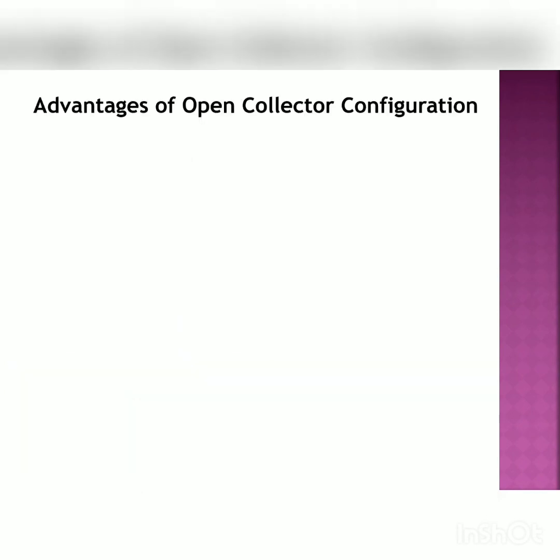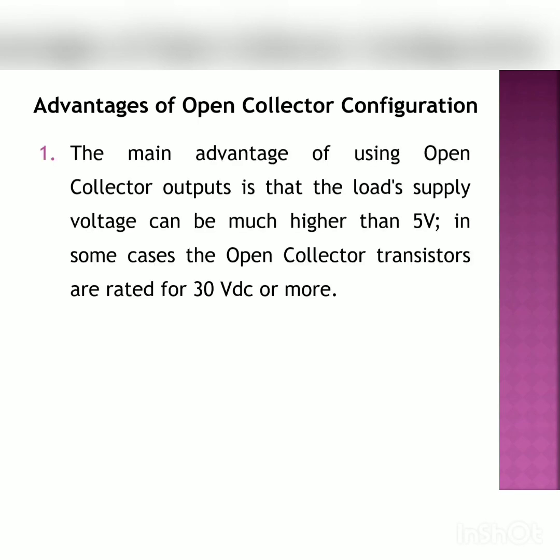Let's have a look at the advantages of the open collector configuration. First, the main advantage of using open collector configuration is that the load supply voltage can be much higher than 5 volts. In some cases, the open collector transistors are rated for 30 volts DC or more.